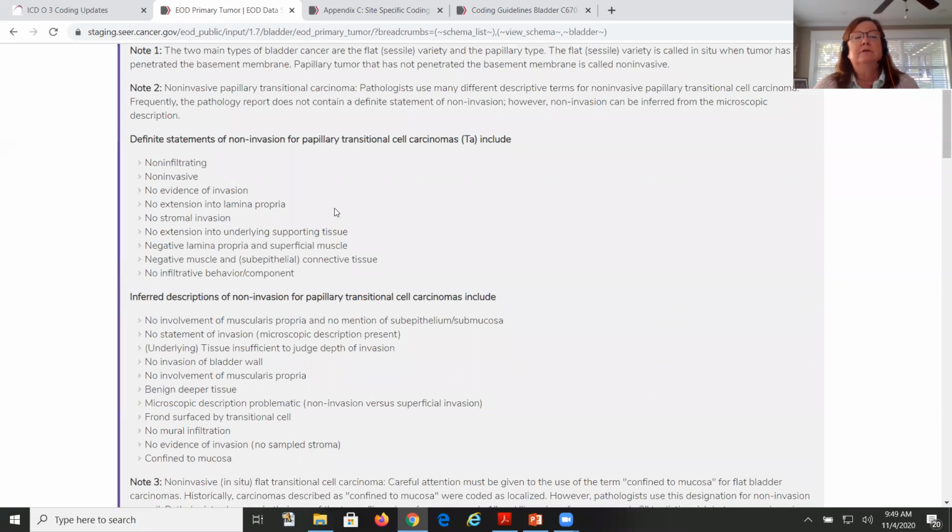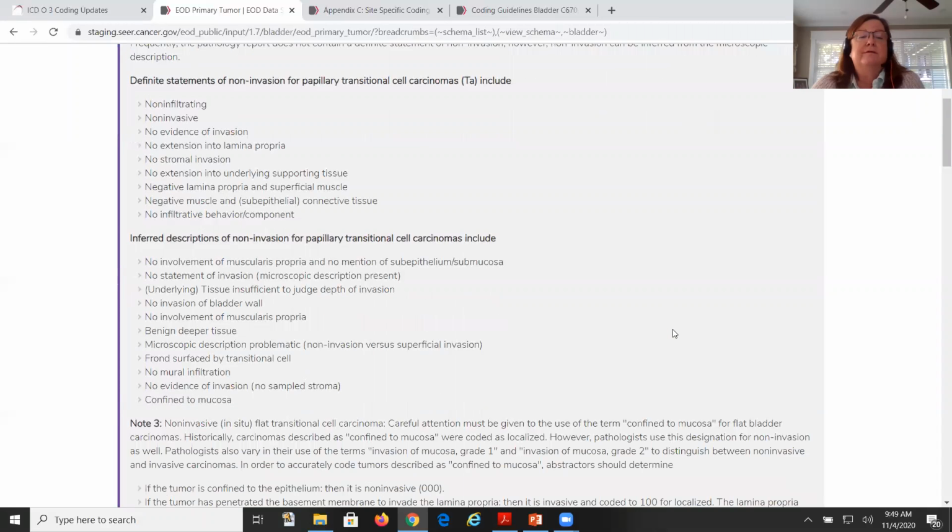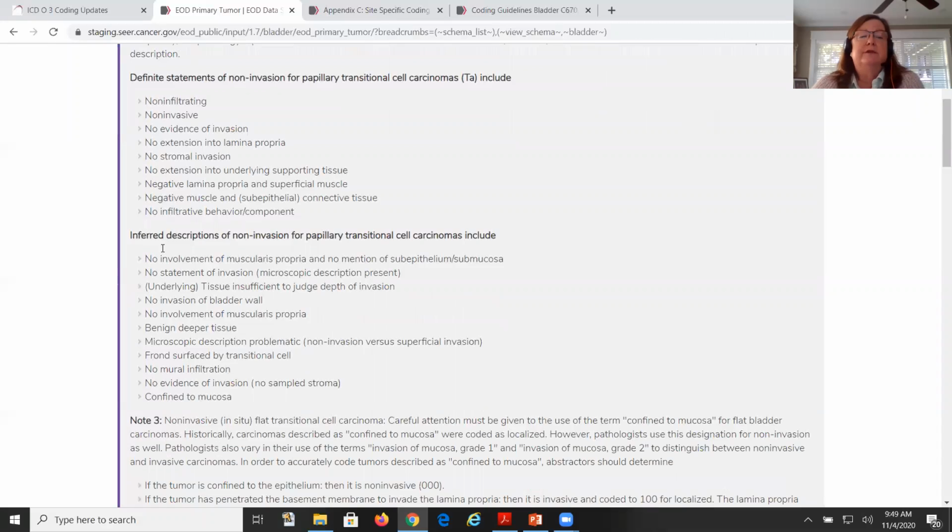There are instructions here in note 2 for definitive statements of non-invasion and inferred descriptions of non-invasion for papillary transitional cell carcinoma. One of the descriptions of inferred non-invasion is no statement of invasion, and the microscopic description is present.